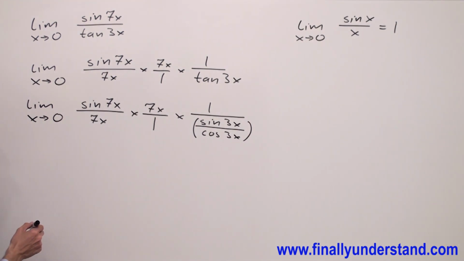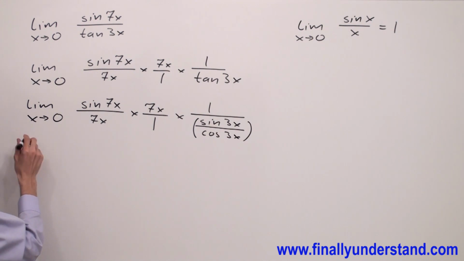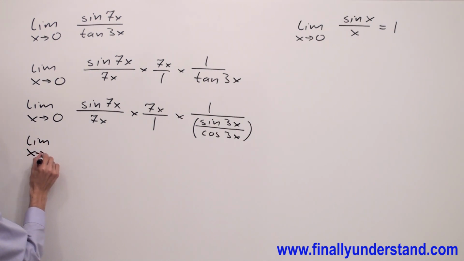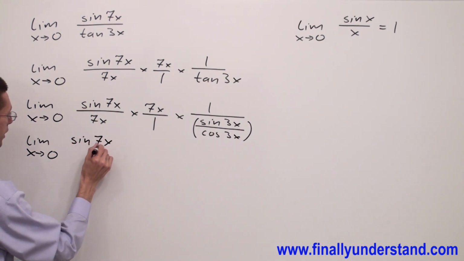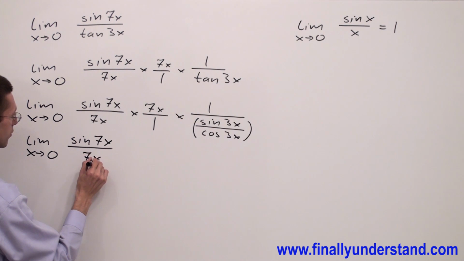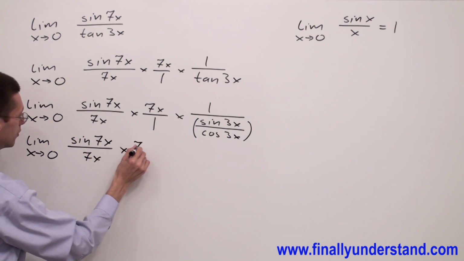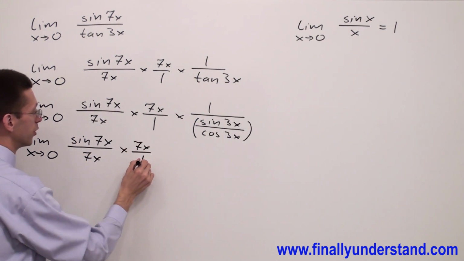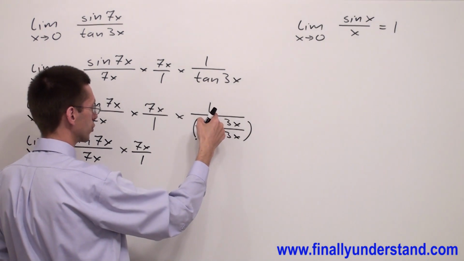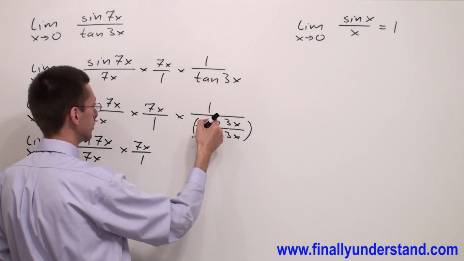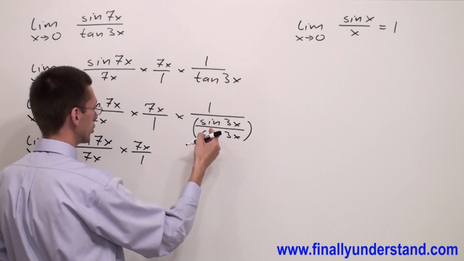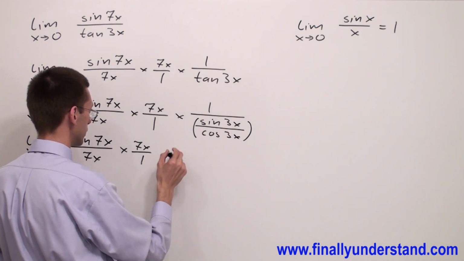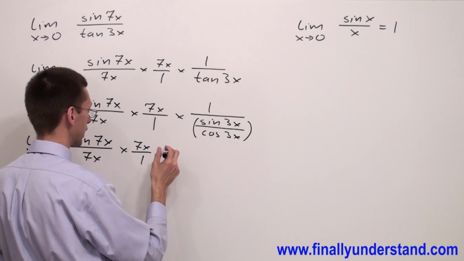What are we supposed to do next? Again, rewrite everything you don't use. I have the limit as x approaches 0 of sine of 7x over 7x times 7x over 1. Remember, anytime we divide fractions, we're supposed to copy the first fraction down. In this case, we're going to have 1 over 1, and division changes to multiplication and we flip the second fraction upside down.